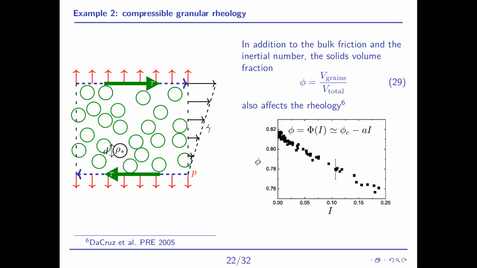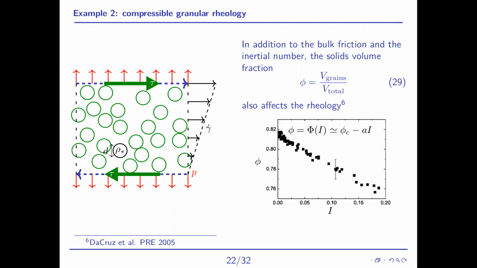And so this other non-dimensional variable now, the volume fraction, so the amount of granular material compared to the total volume, that also turned out to be a nice fit against the inertial number.